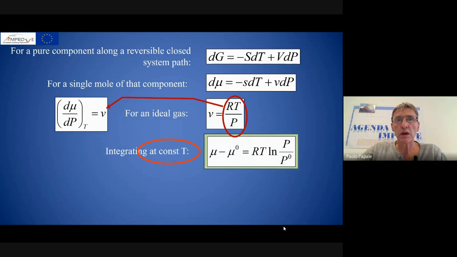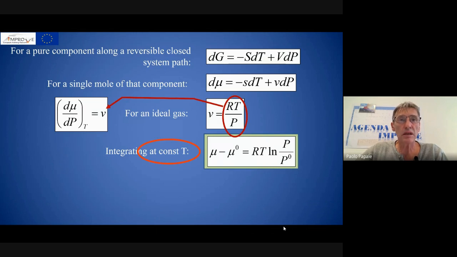That expression allows the computation of the chemical potential of a pure ideal gas at any pressure and temperature, provided knowledge of the chemical potential at some other pressure, the term with a 0 at the apex, that we use to call the reference state, and that must be defined at the same temperature as that of interest. Remember again that the integration is done at constant temperature, therefore the temperature of the reference state must be the same as that of interest.